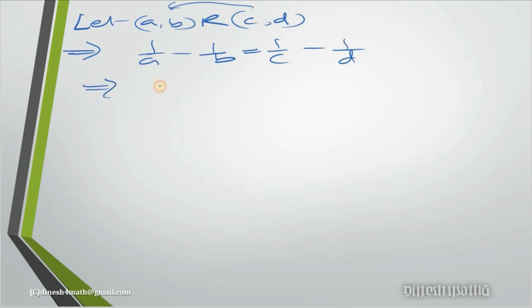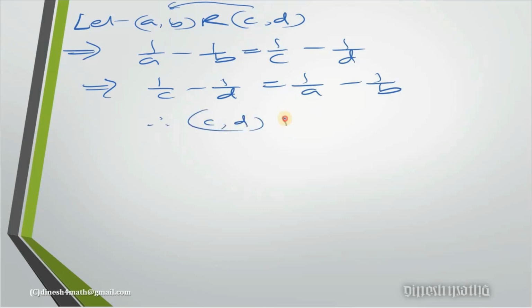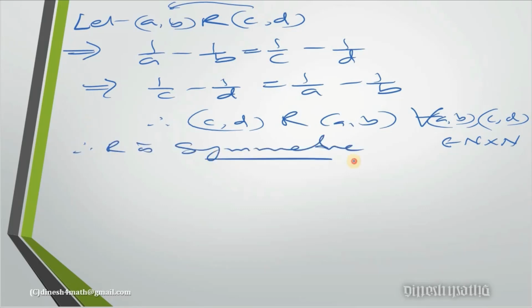You don't have to do anything, just interchange the sides once: 1/C − 1/D = 1/A − 1/B. So this gives what? (C, D) is related to (A, B) for every (A, B) and (C, D) in the given set N × N. These could be any numbers, so it always satisfies. So R is symmetric.